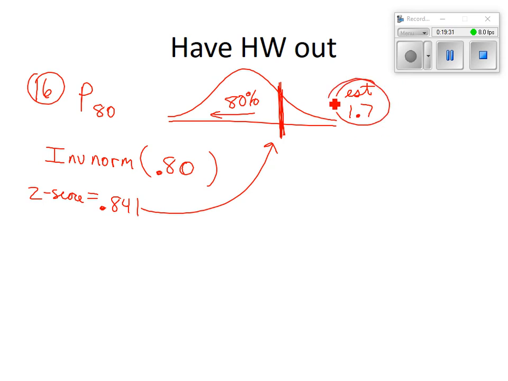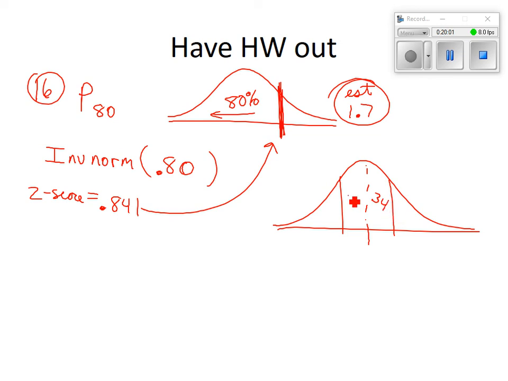Are you guys very close? No, not really. So you need to remember your empirical rule when we're doing these curves. You got your mean right here. How much is in each of the first standard deviations on each side? We might have to have a quiz on the empirical rule here pretty soon.